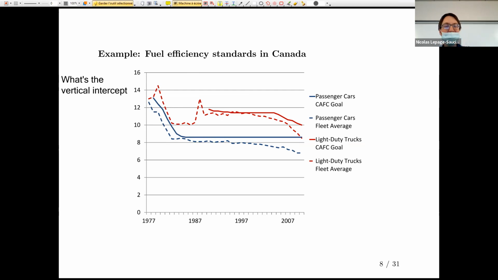Yeah, so that's the crucial question. There are two ways you can interpret it. Either the companies were warned, for instance, that by 1980 the new standard is going to be 8, so better get your act together.